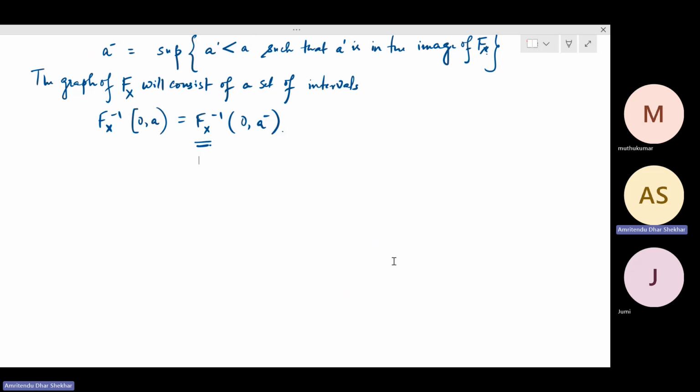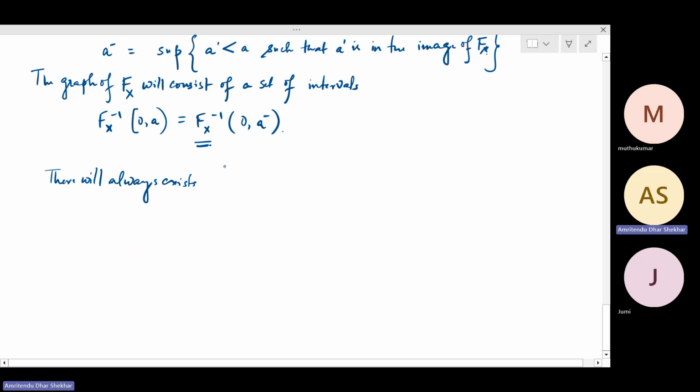So whatever the points where the discontinuities exist, you remove those and consider the intervals.